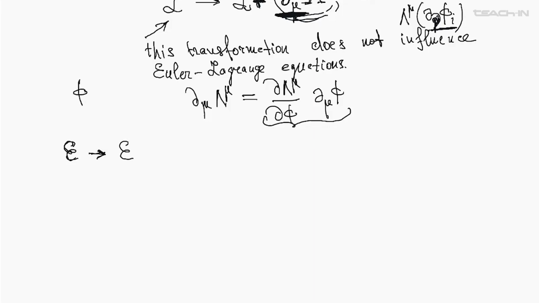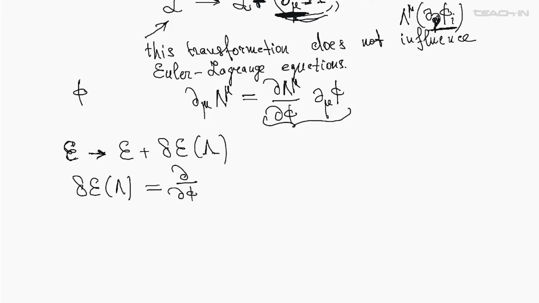And this extra contribution depending on lambda will be given by d over d phi of d lambda, with index lambda here, over d phi d lambda phi.